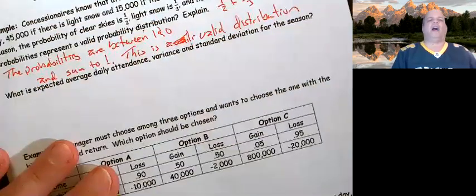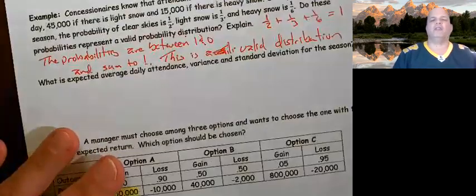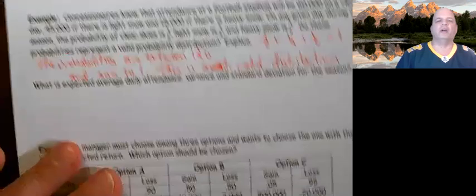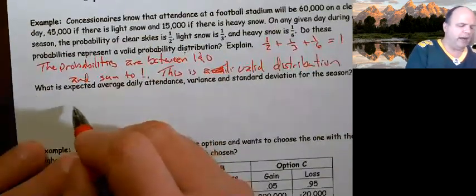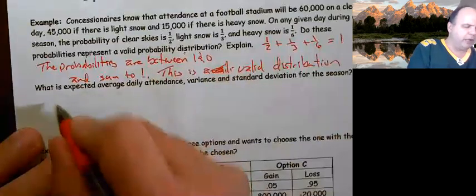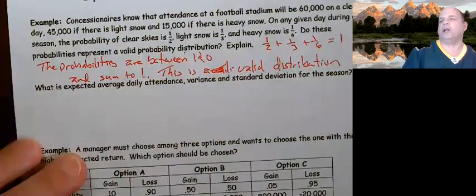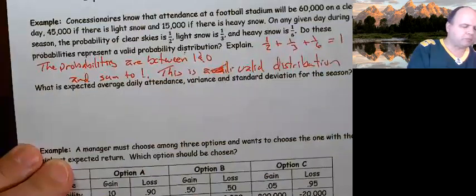What is the expected average daily attendance, variance, and standard deviation for the season? Well, the first time we do a problem like this, it's a little bit scary, but it's really not that bad. First off, I'm going to make my own little table out of this. It's not going to be much of a table.